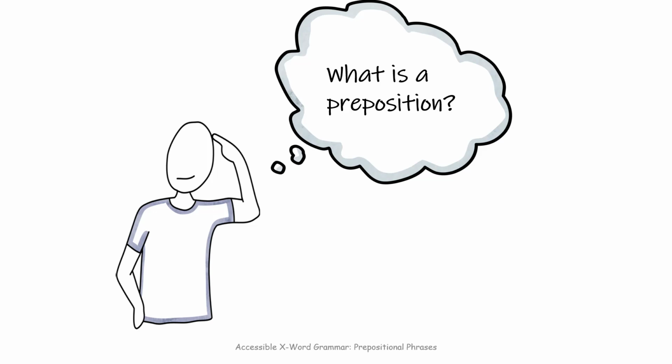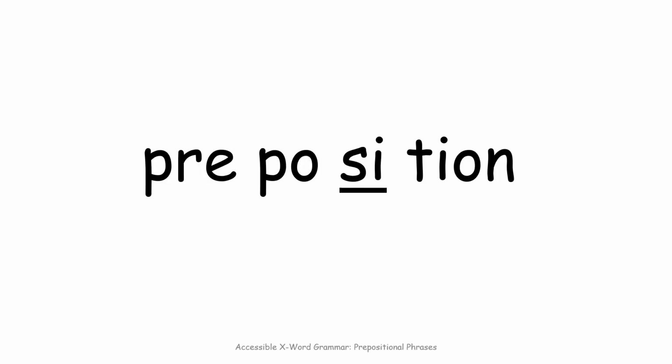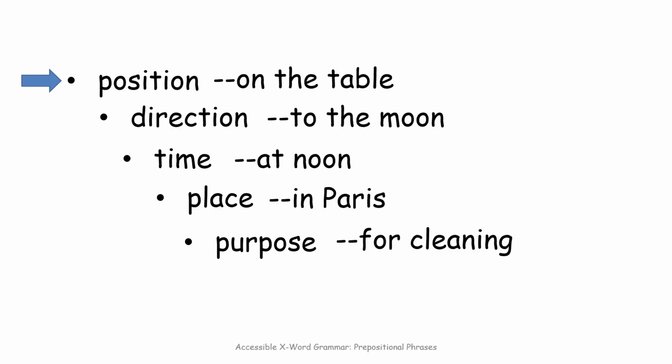What is a preposition? A preposition is a function word that comes in front of a noun box. Together, these phrases tell us something about position, for example, on the table, direction, for example, to the moon, time, like at noon, place, like in Paris, and purpose, for cleaning.